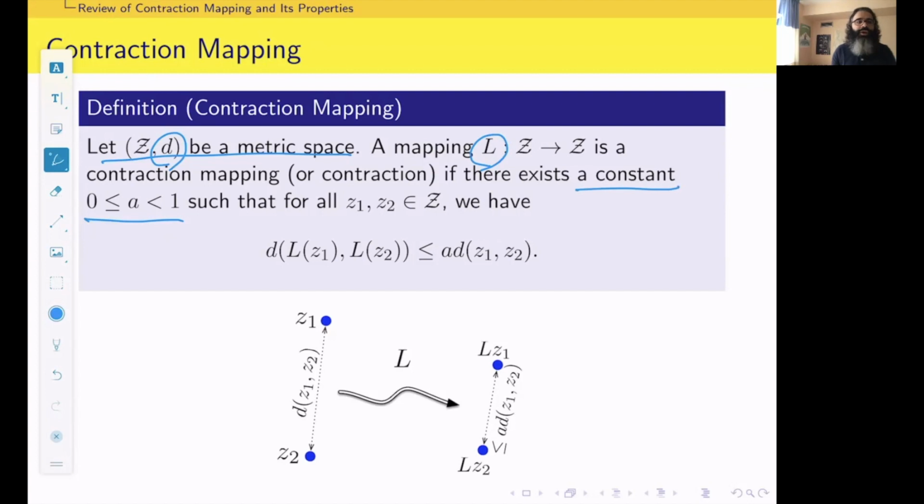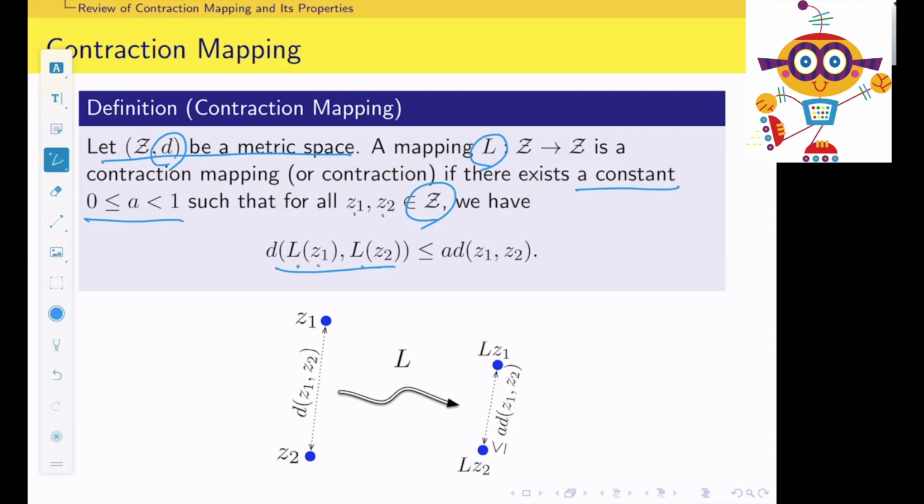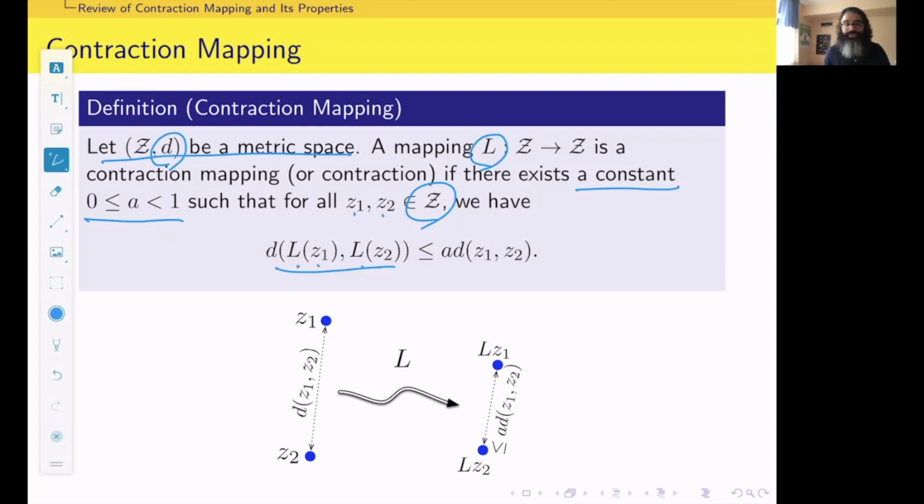So it cannot be 1; it can be 0.99, but not 1. Such that for any points z1 and z2 in that space Z, the distance between L of z1 and L of z2 is smaller than A times D of z1 and z2.